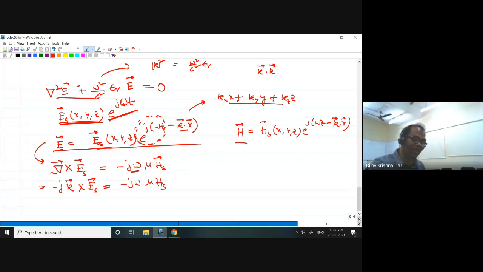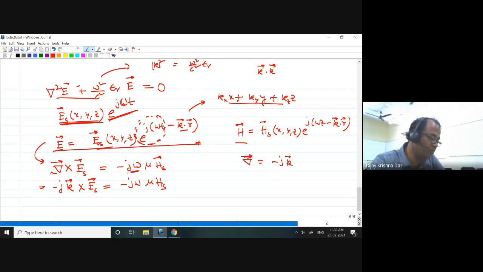That means this del is equivalent to minus jk. The del operator in vector form will be minus jk. Any question till now?